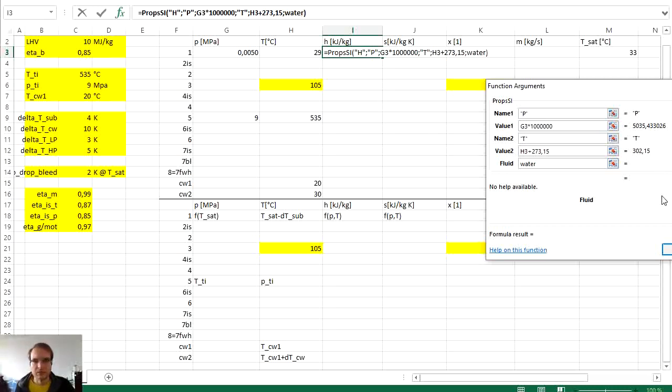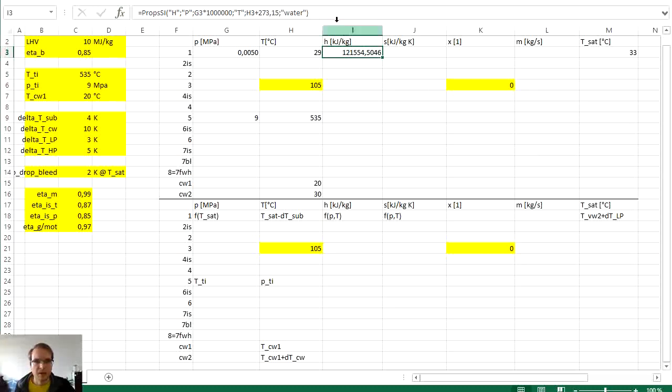And our working fluid is always water. Now again we want kilojoules per kilogram, so divided by 1000. Somewhat similar will be the function for the entropy, just the output will not be H but S.